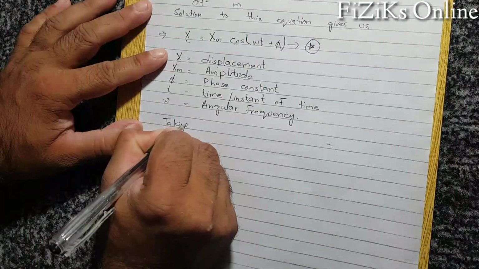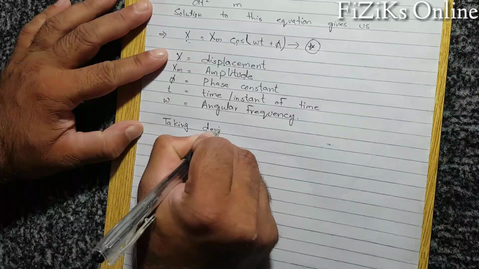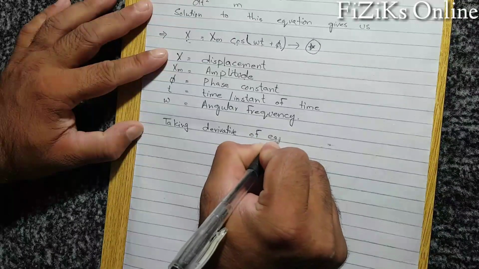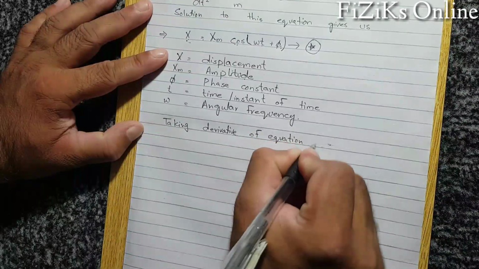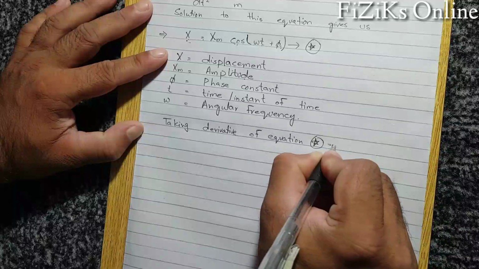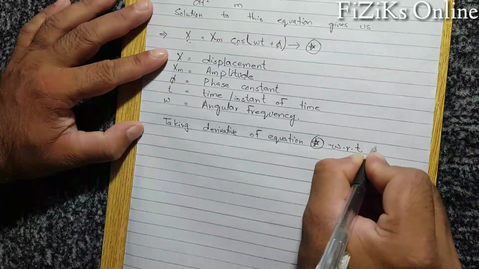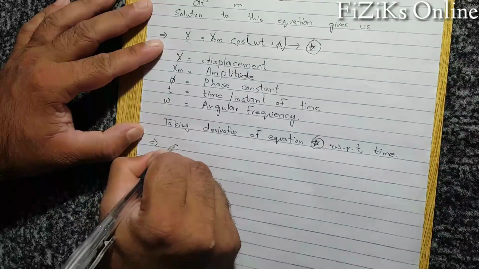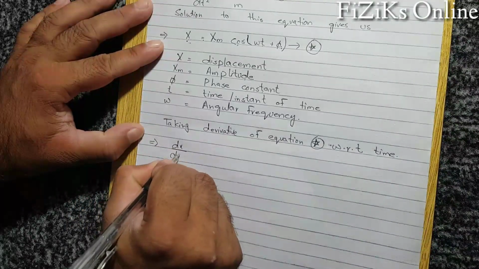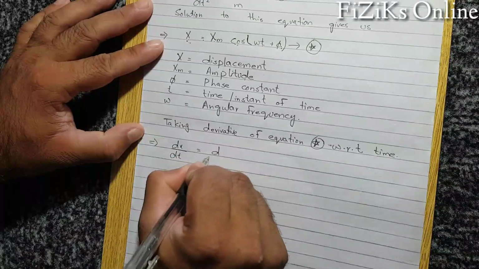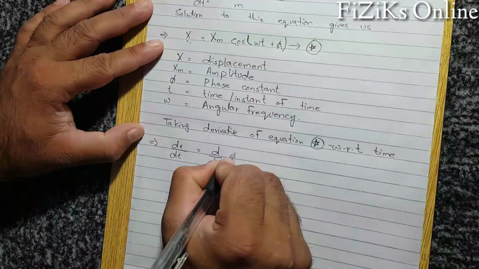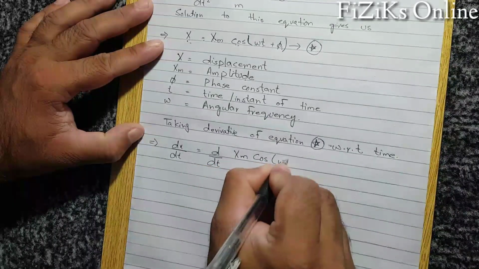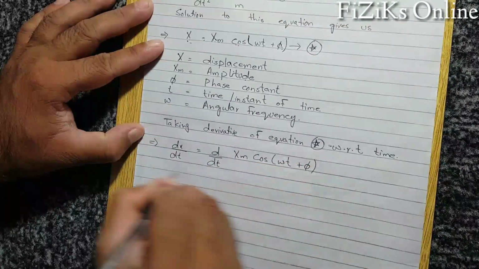Taking the derivative of equation star with respect to time, dx by dt equals d by dt of xm cos(omega t plus phi).